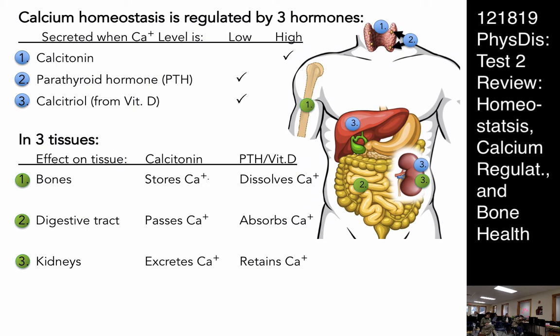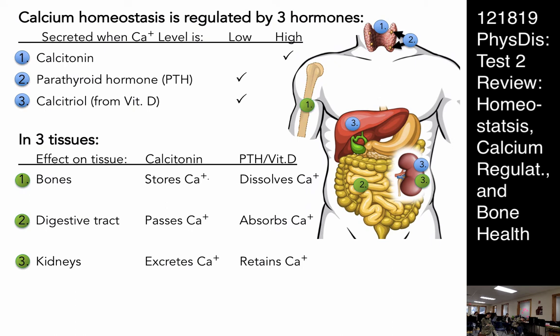Calcitonin is the hormone that is in charge when your calcium in the blood is too high. So the regulated variable here is what? Calcium in the blood. That's right. And calcitonin is around when it's too high because it wants to tone it down.